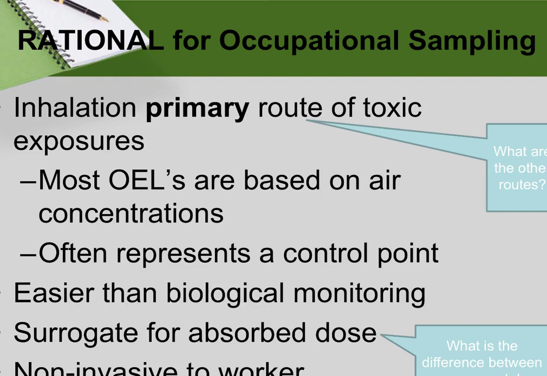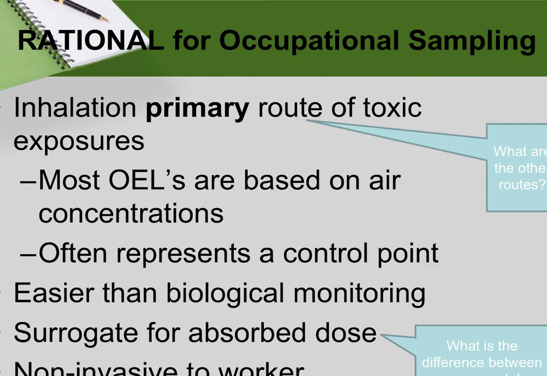It's easier than biological monitoring and less invasive to the worker. We use our inhalation exposure monitoring as a surrogate for absorbed dose. And again, of course, it's non-invasive to the worker.